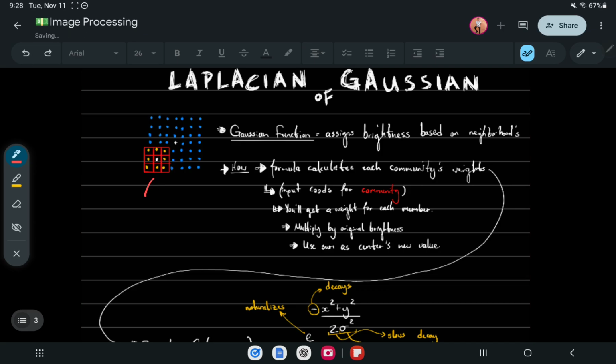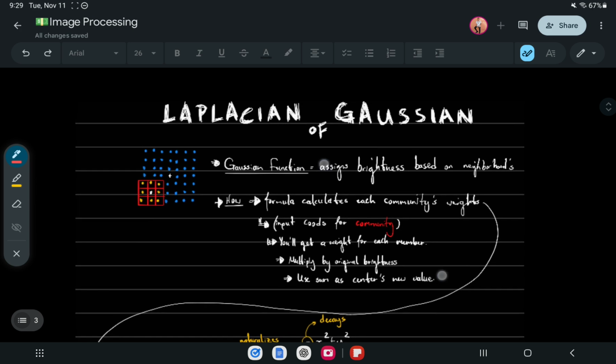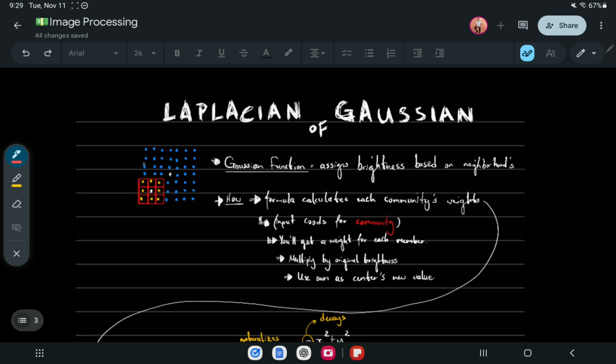what you have is, actually, let me start from the top. The Gaussian function assigns each pixel a brightness based on that pixel's neighbors' brightness.